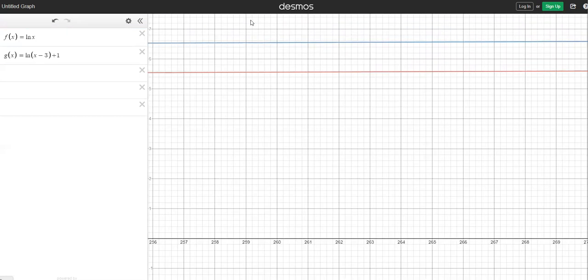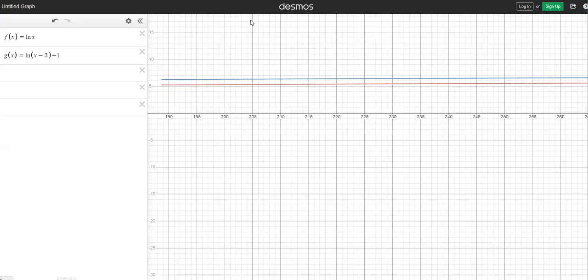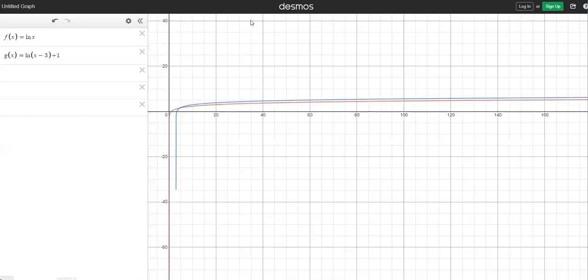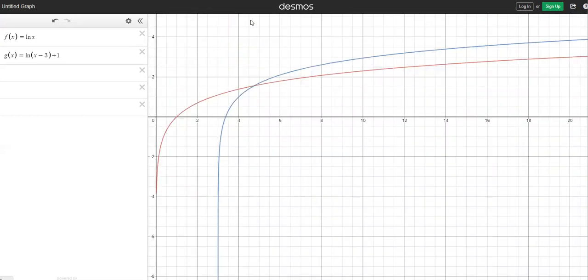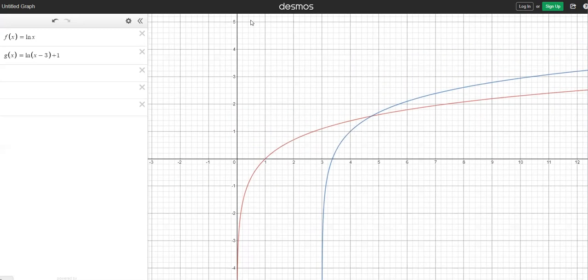There's a difference of 1. And again, we can find a single specific point of interest that's maybe a little bit easier to see on the red graph. The point that we're going to use is 1, 0. 1, 0 got moved over by 1, 2, 3, and then up by 1 to the point 4, 1.